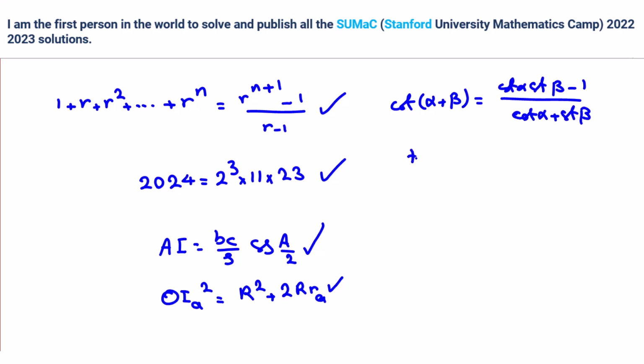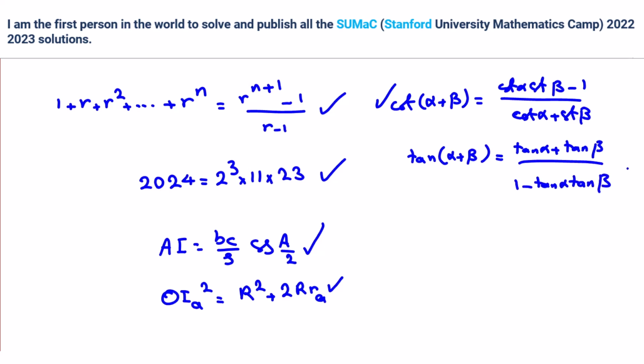And tan of alpha plus beta is what? Tan alpha plus tan beta over 1 minus tan alpha tan beta. Exactly. So in the second try, you got all of them correct. We reviewed this part. If you have a question, ask. If not, we can work on some problems of senior. Senior?